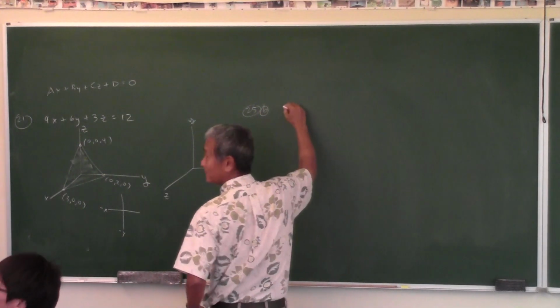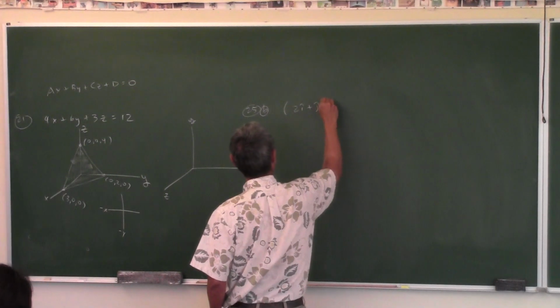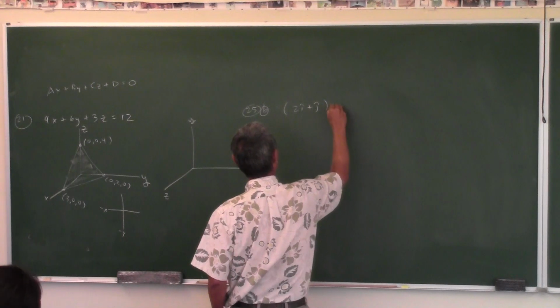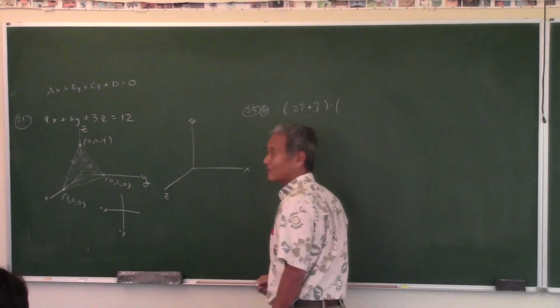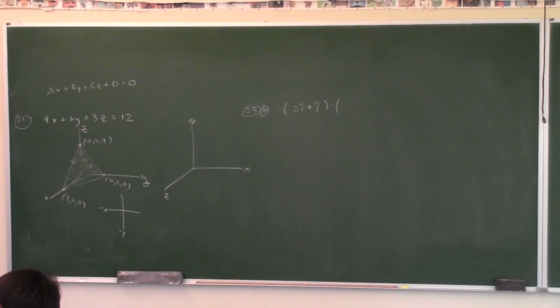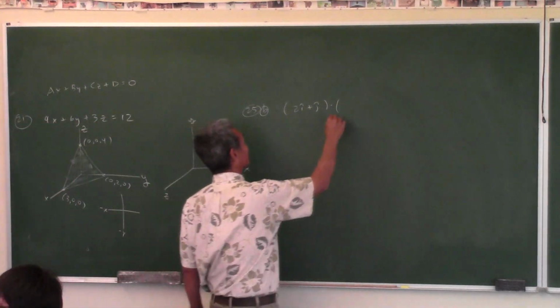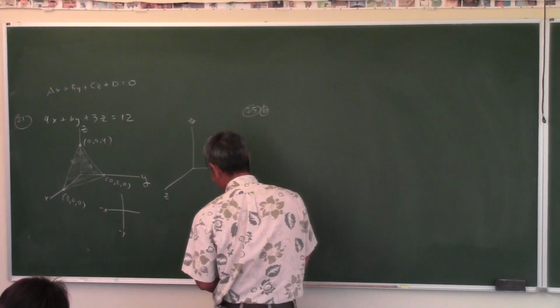Compute the quantity 2i plus j dot the double quantity i minus j, cross the quantity j minus k, quantity cross, quantity i plus 5k. Oh, sorry. Why didn't I just print it out?